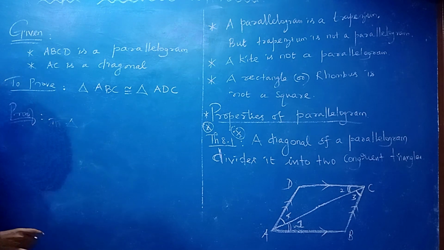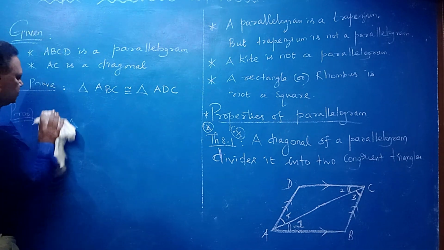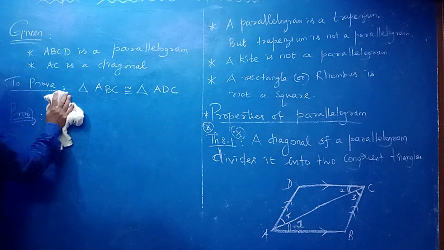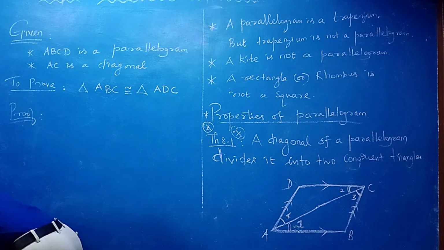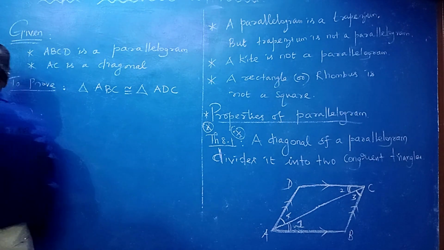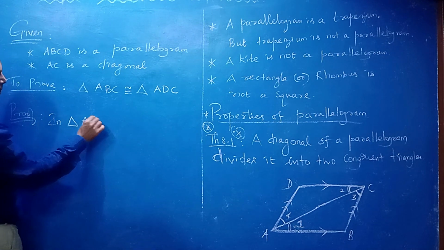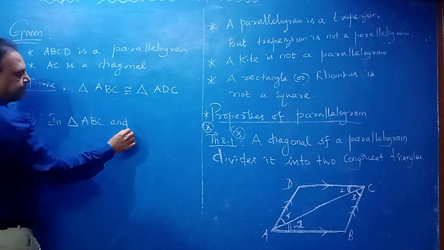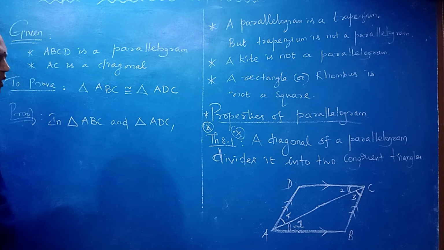In triangle ABC and triangle ADC, you take two triangles. Okay.